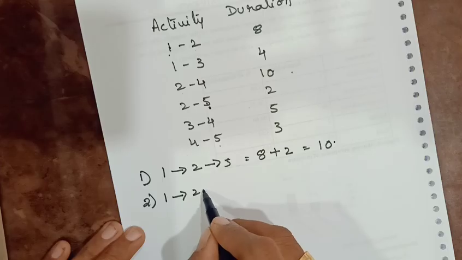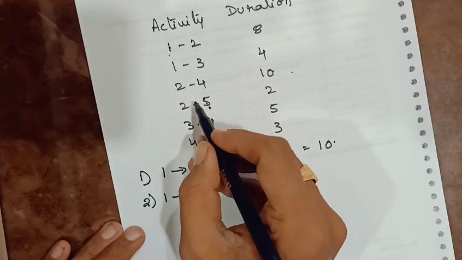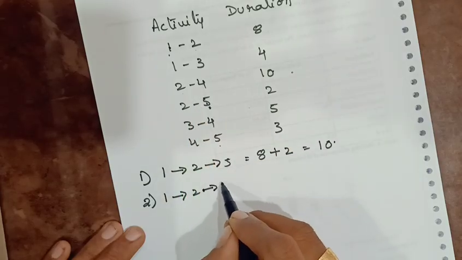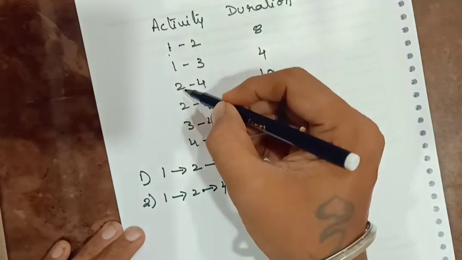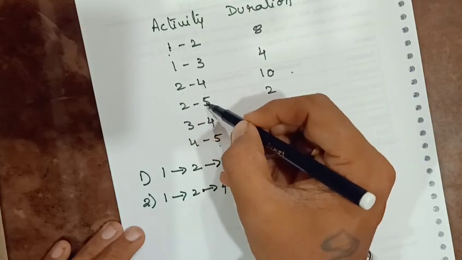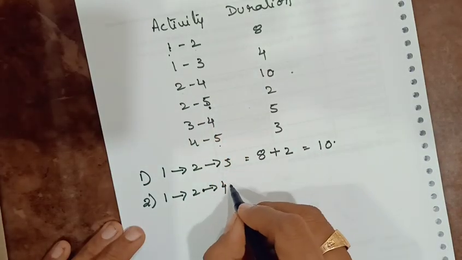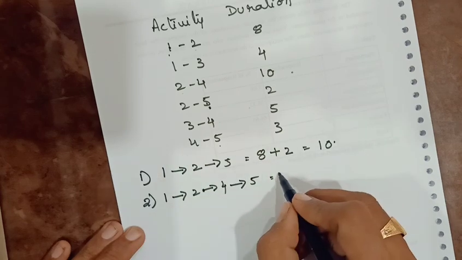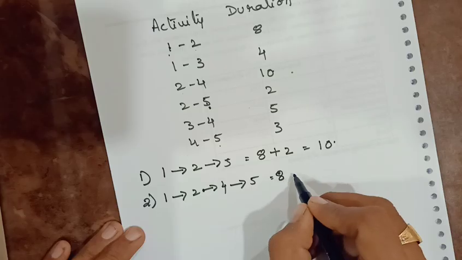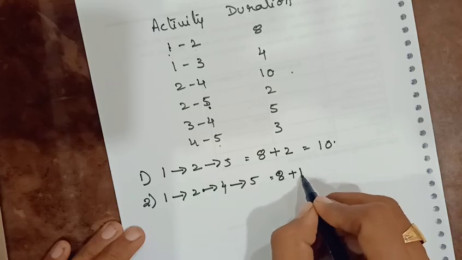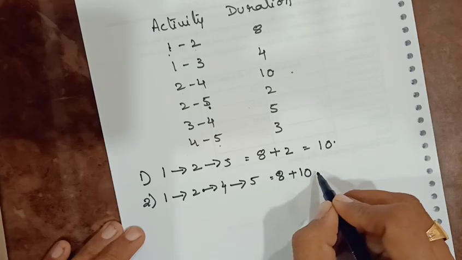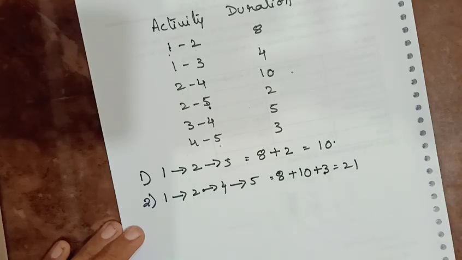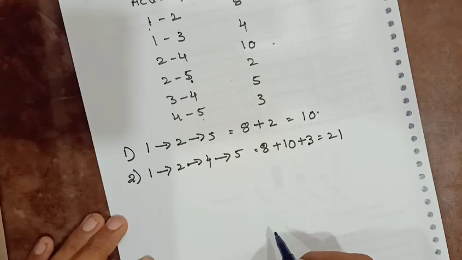Now we have identified 2 to 4. Here there is no 2 to 3. So 2 to 4, 4 to 5. 1 to 2 is how many hours? 8. 2 to 4 is 10 and 4 to 5 is 3. So put together it is 21.